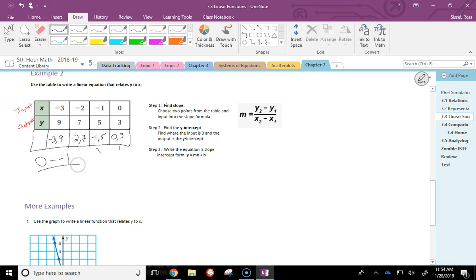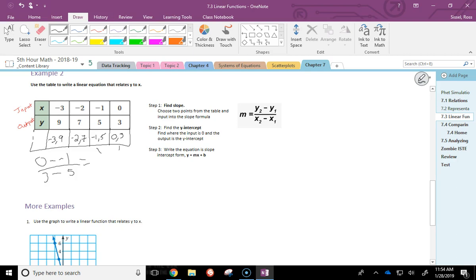It goes this way, left to right. Really well. Now, Troy, which one's your y2? The 0, 3. Huh? 0 is my y2. So let's do this. Let me show you one thing now.